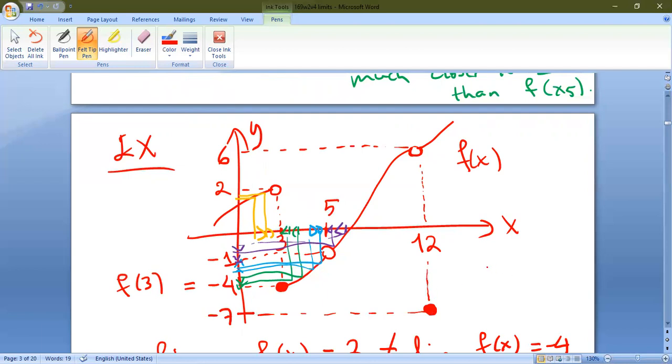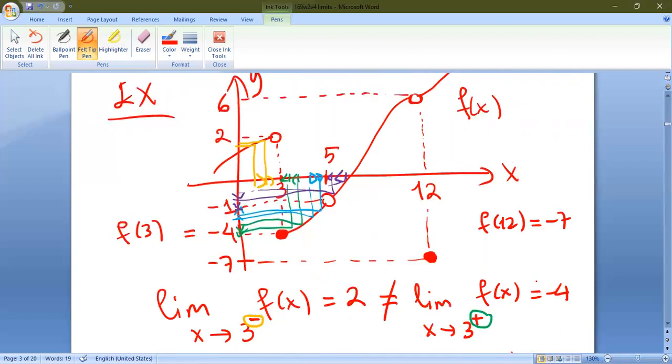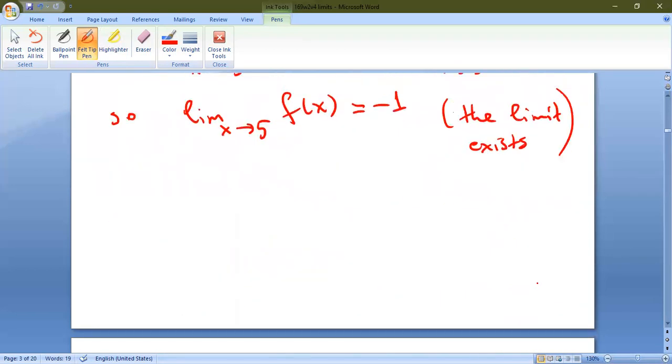So the function may be defined, but it may be some different number. So the definition of the function is one thing. The function is defined as minus 7 at 12, but the limit is something else. So I want to show it that way.